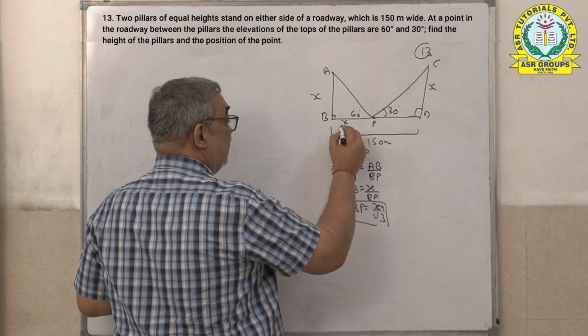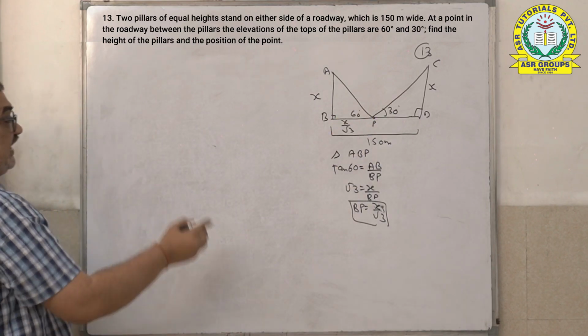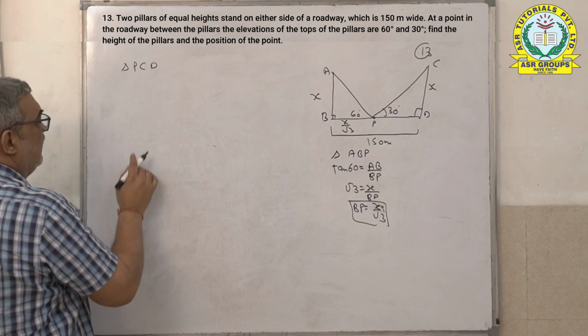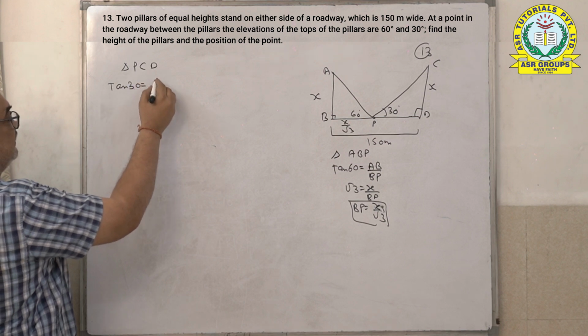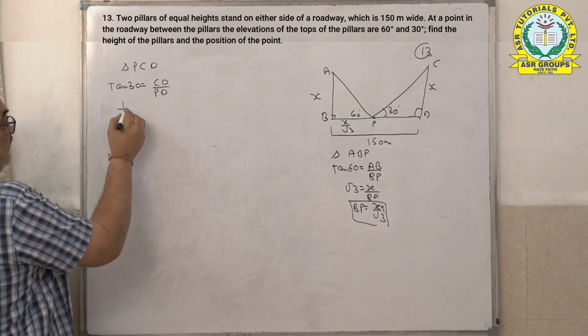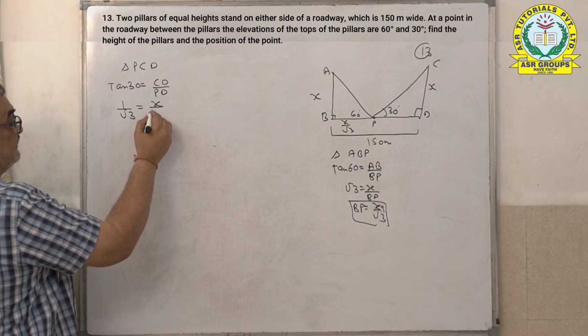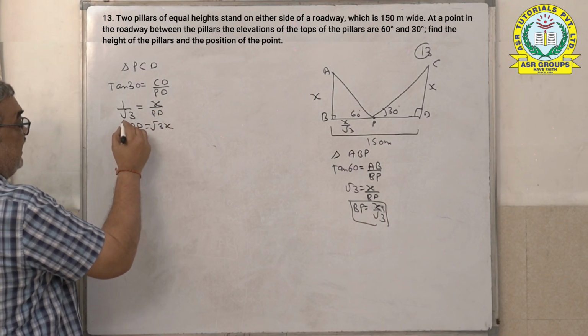This I got, x upon root 3. Now take triangle PCD. Tan 30 is CD upon PD, 1 upon root 3 is x upon PD. So PD is root 3x.